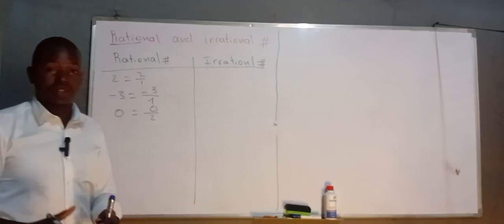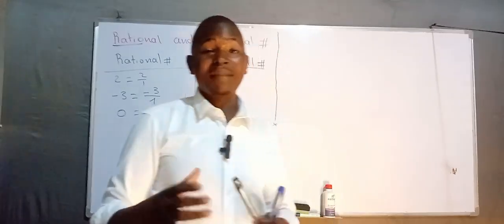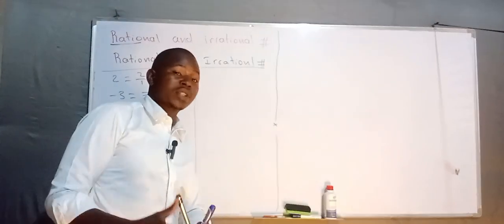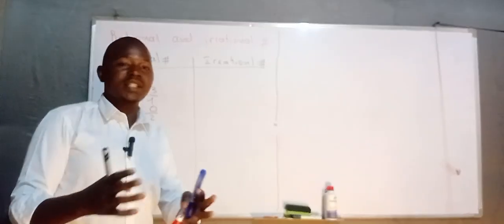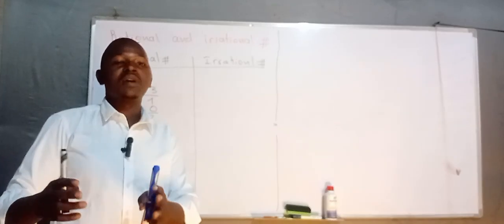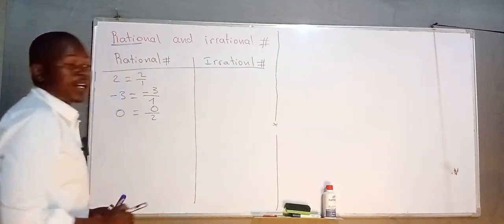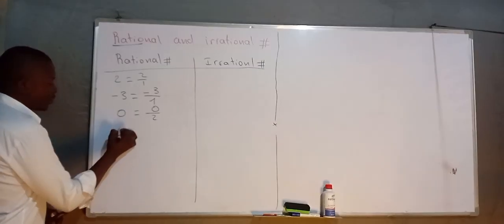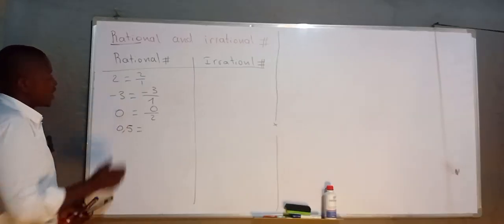All decimals, not only fractions but also decimal numbers that terminate, that have an end, are part of rational numbers. We have a first decimal, a second decimal, then the end decimal number. For example, 0.5 is a rational number.